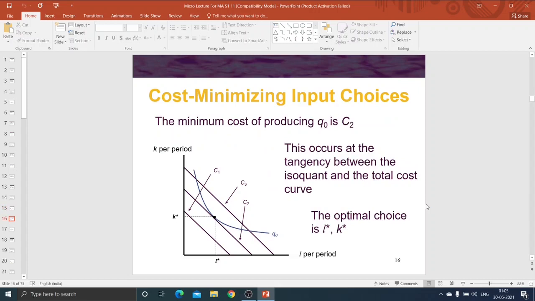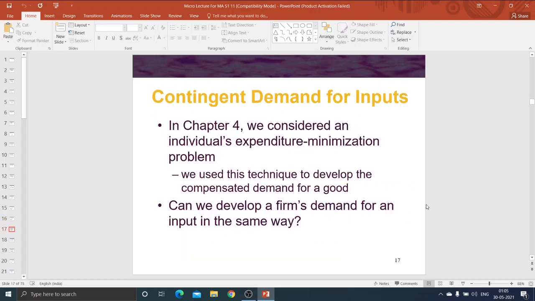At this tangency, where Q0 tangentiates with one of these cost lines, you have the K star, L star point, on the second cost line, where you optimize. So the optimal choice therefore is L star, K star.